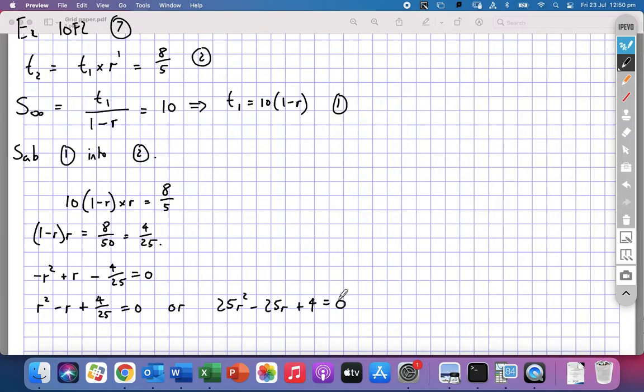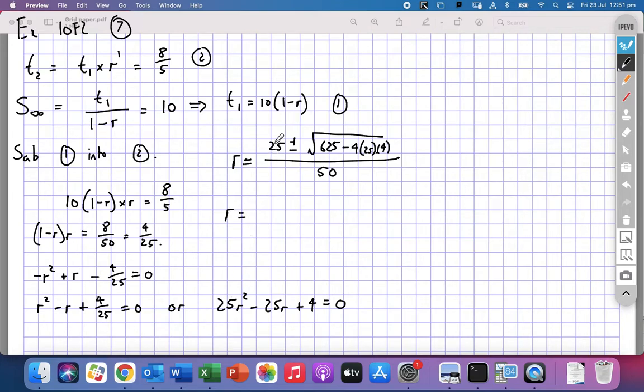Now at this point, it's a quadratic formula job, right? So we could say R equals minus B plus or minus the square root of B squared, which is 625, minus the 4AC, on the 2A term, which is 50.